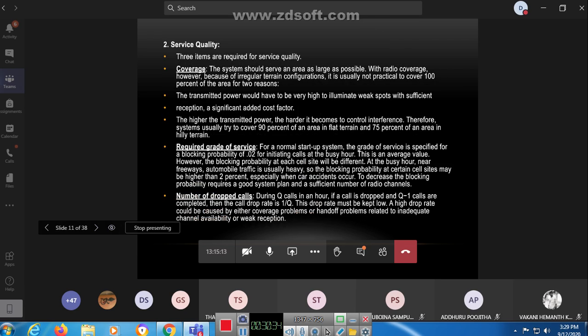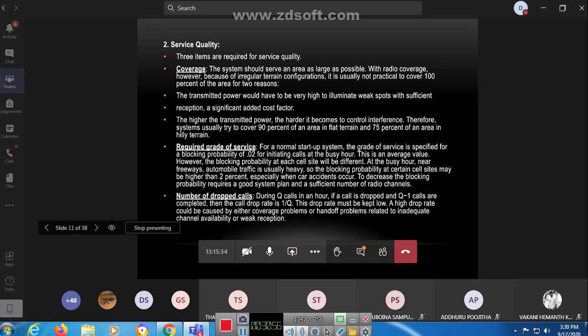Service quality basically requires some important parameters. What are they? Coverage, required grade of service, and number of dropped calls. If you want to drop a call while you are talking to another person, you can drop that call and continue your call.